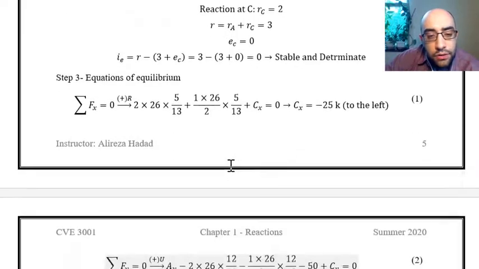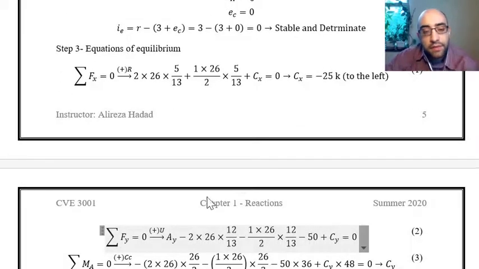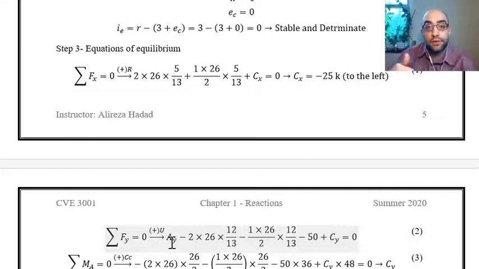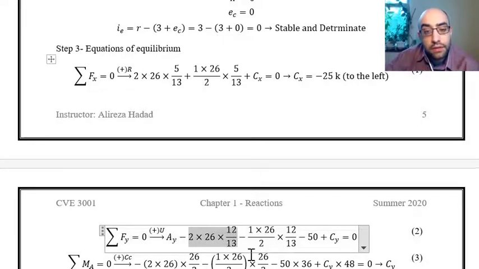Let's take a look at the equation quickly and see if we have these values in the equation. So Ay, as I said earlier, is the vertical at point A, and it is positive because the force was upward. These two values are the forces because of the rectangular load and the triangular load.